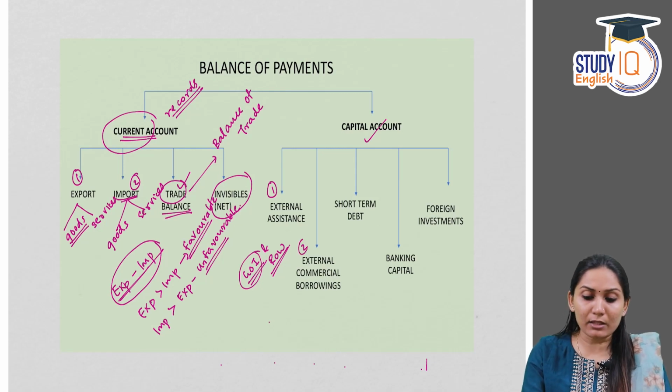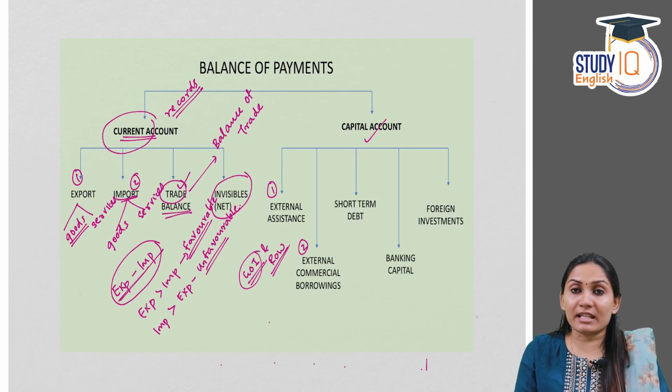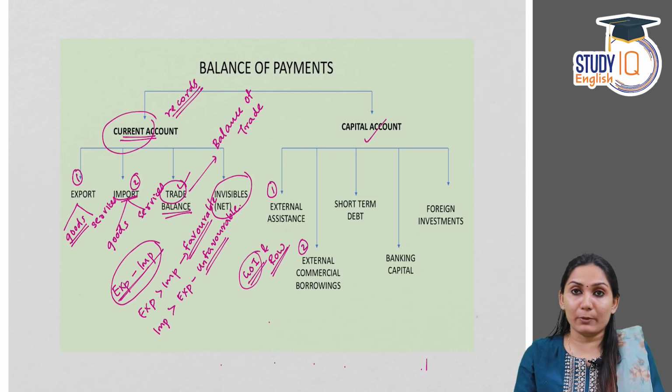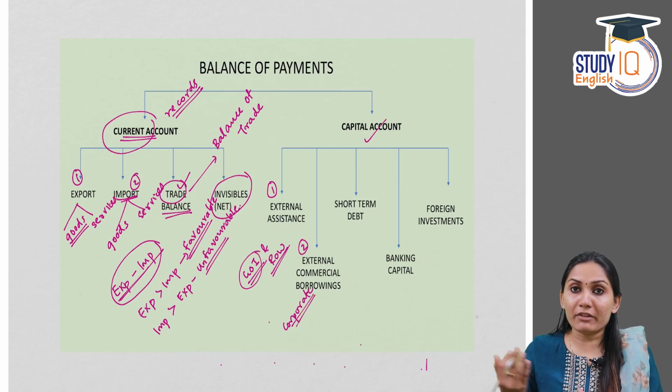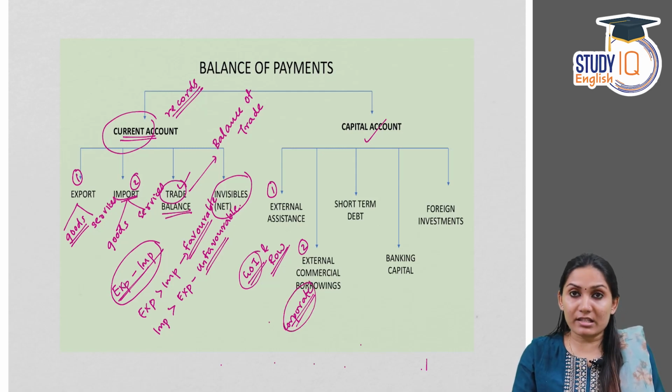Second one is external commercial borrowing. External commercial borrowing is when any entity of a domestic country borrows money from outside the country. For example, an Indian corporate or company, if they borrow money from outside the country, then it is called external commercial borrowing.